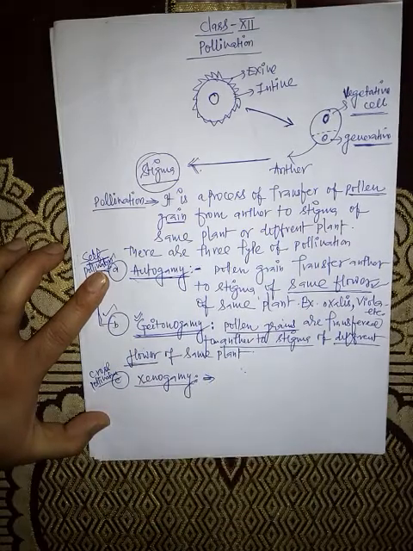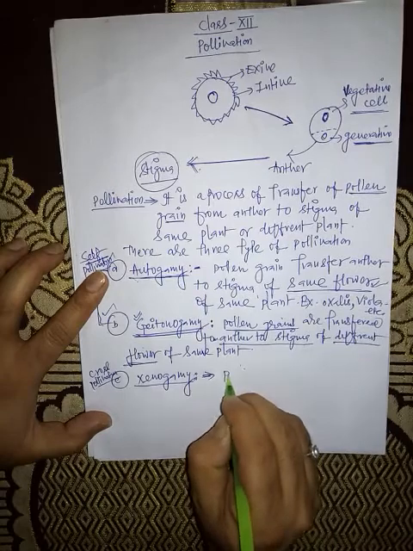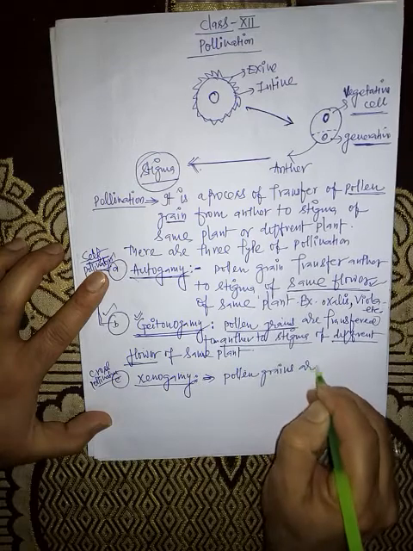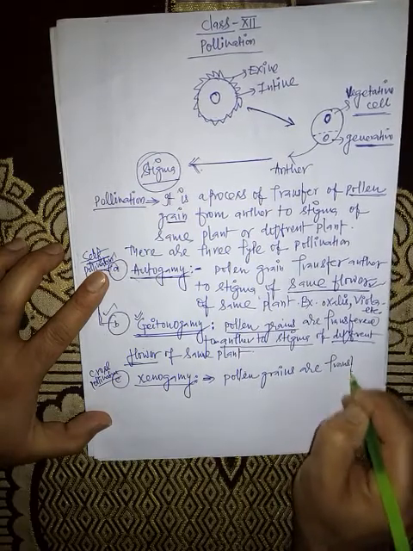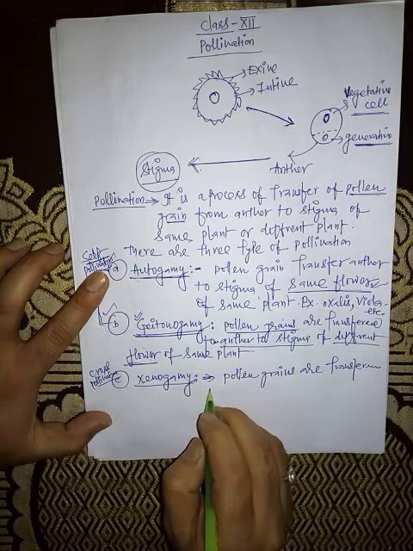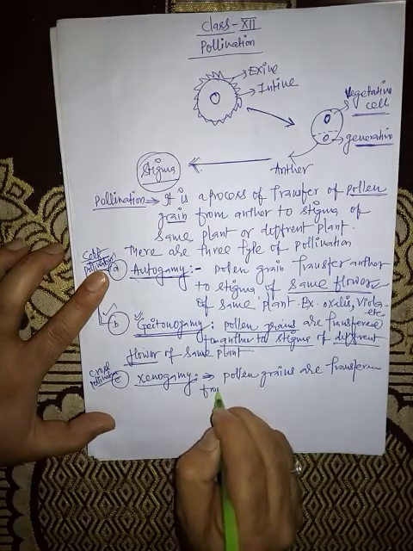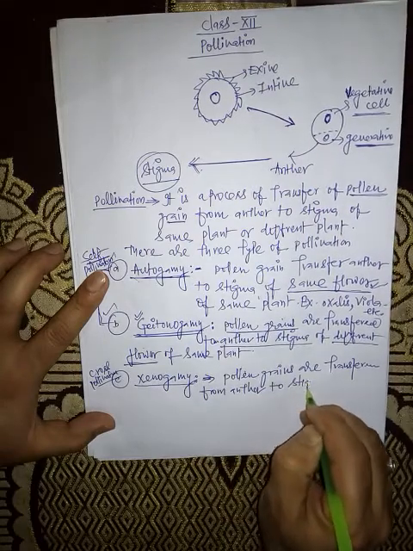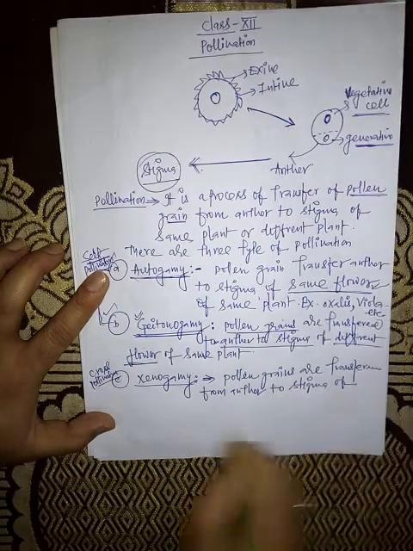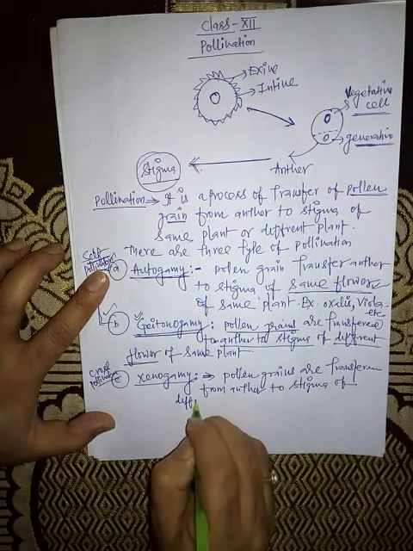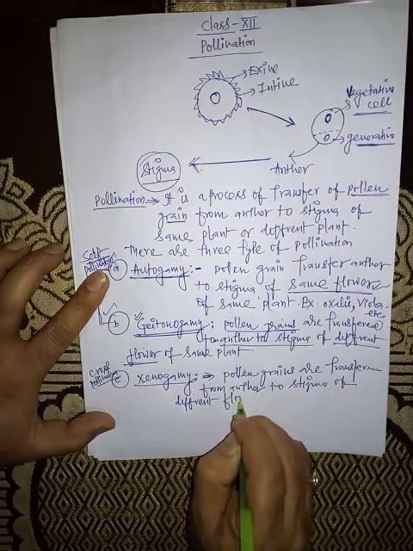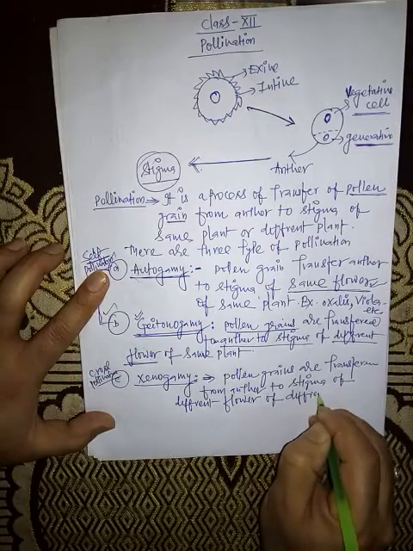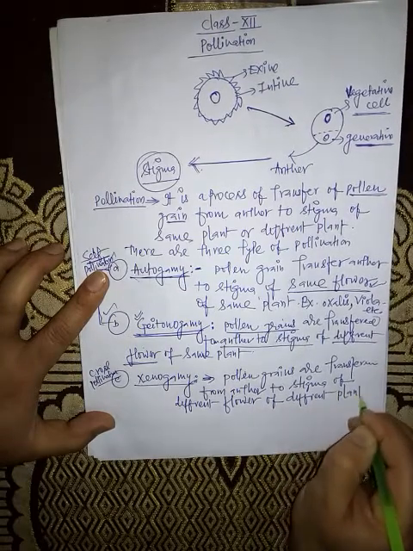So you know that pollen grains are transferred from the anther to the stigma of a different flower of a different plant.